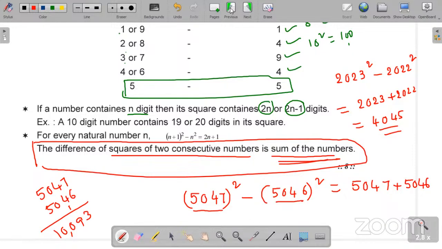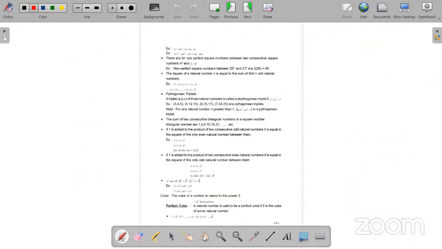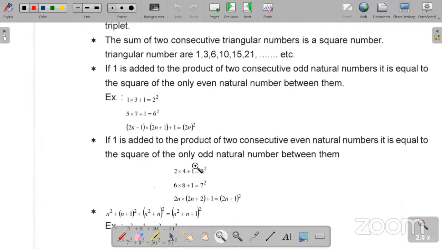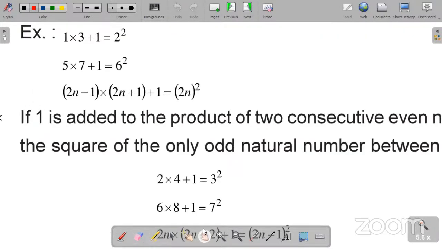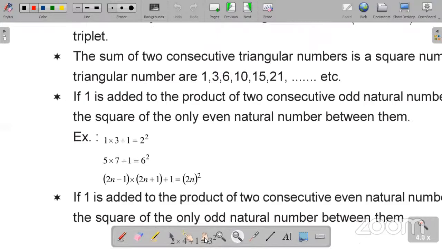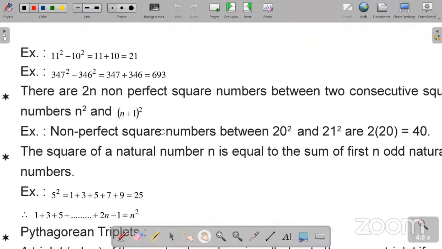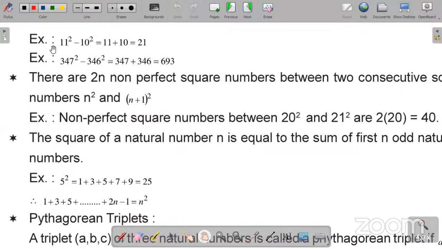Next concept, let us have a discussion on next concept. See, already we had a discussion on this one.